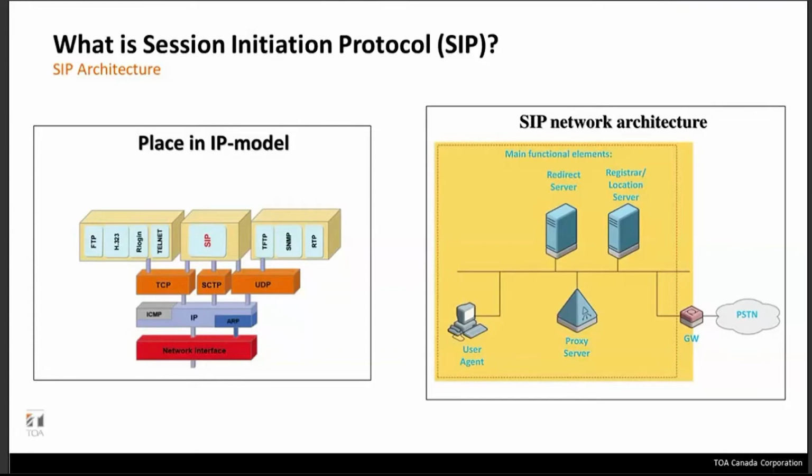As you see, H.323 is another signaling architecture, which is a giant competitor for SIP.